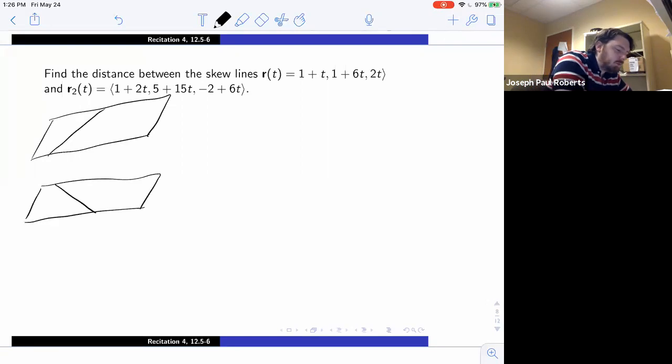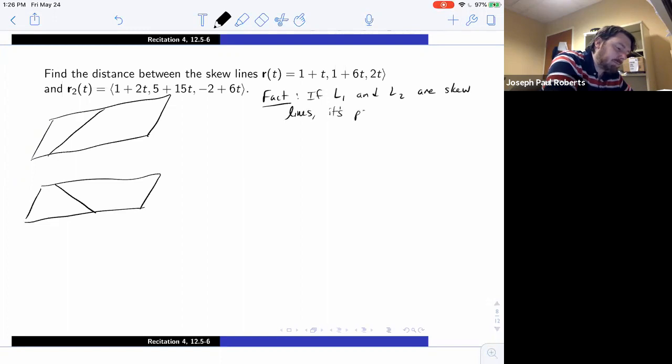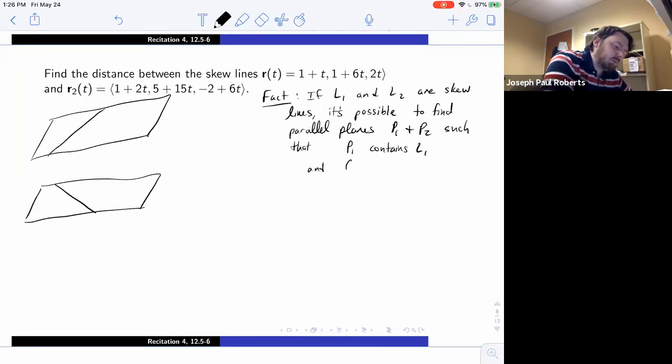So it turns out that if you have skew lines, let's say L1 and L2 are skew lines, it's possible to find parallel planes P1 and P2 such that P1 contains L1 and P2 contains L2.